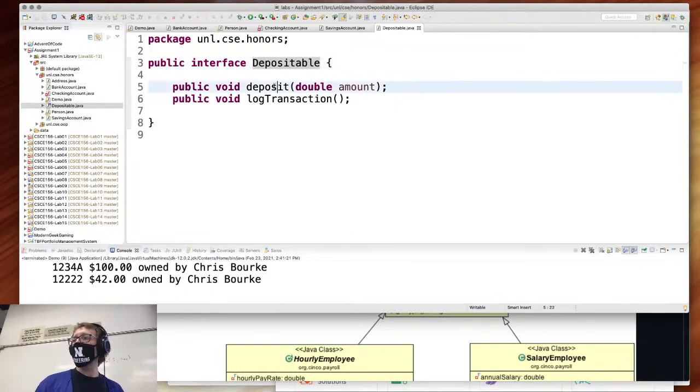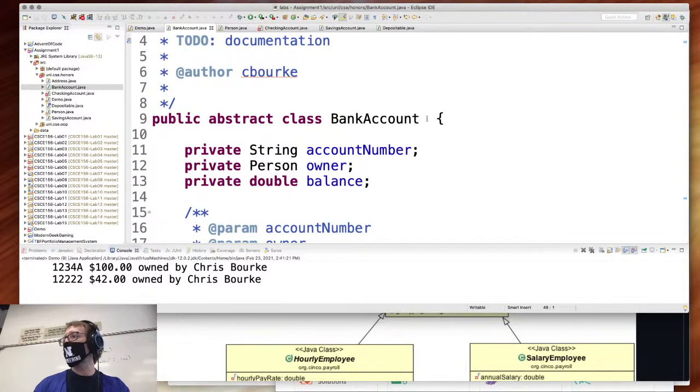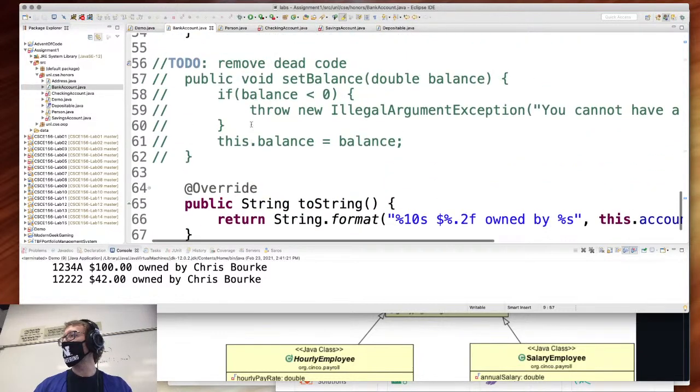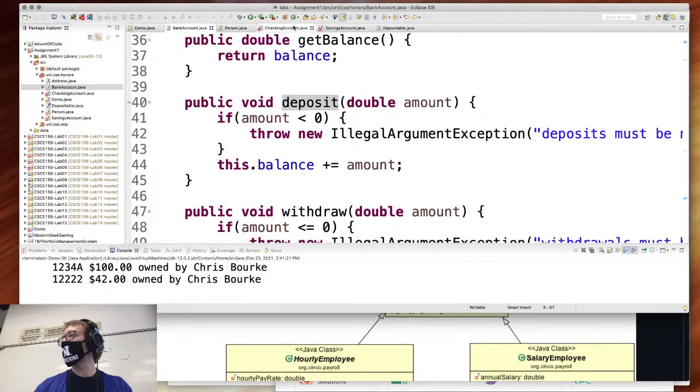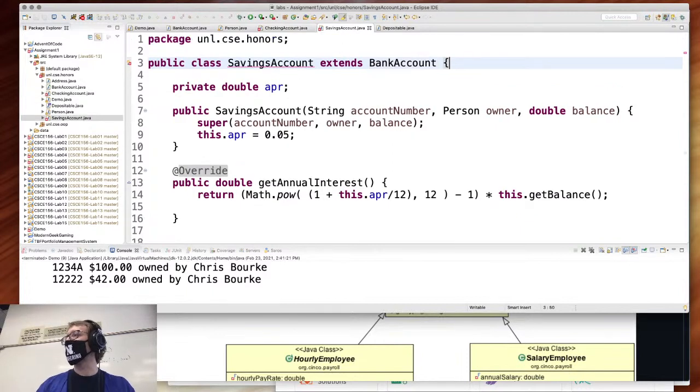If you want to make something depositable, like we do over here in bank account, let me restore that. Implement depositable. There we go. And get rid of this. Are you happy now? Or I thought I had deposit here. It is. So what are you complaining about? Oh, there, no, okay. Exactly what I was trying to demonstrate.